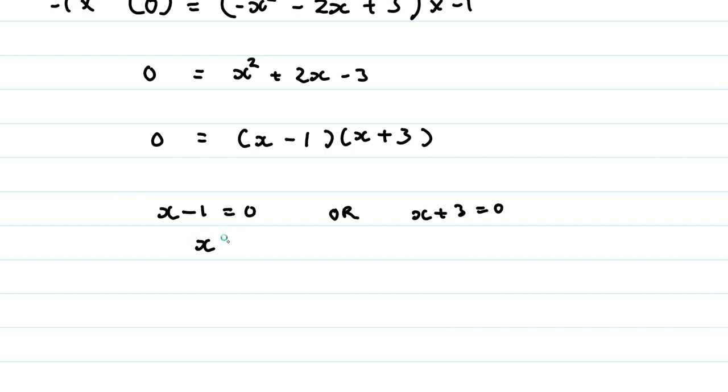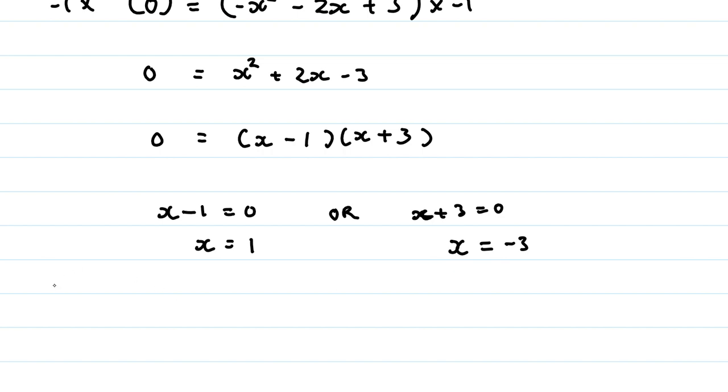So we have x, take that 1 to the other side, it becomes a positive 1. It's negative, and when you take it to the other side, it becomes a positive. The same happens to this side: we take a positive 3 to the other side, it changes the sign, and it becomes a negative 3.